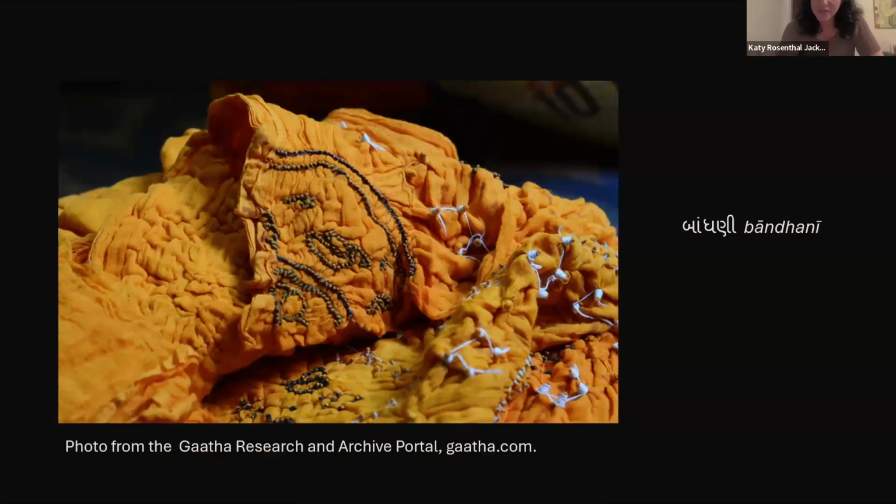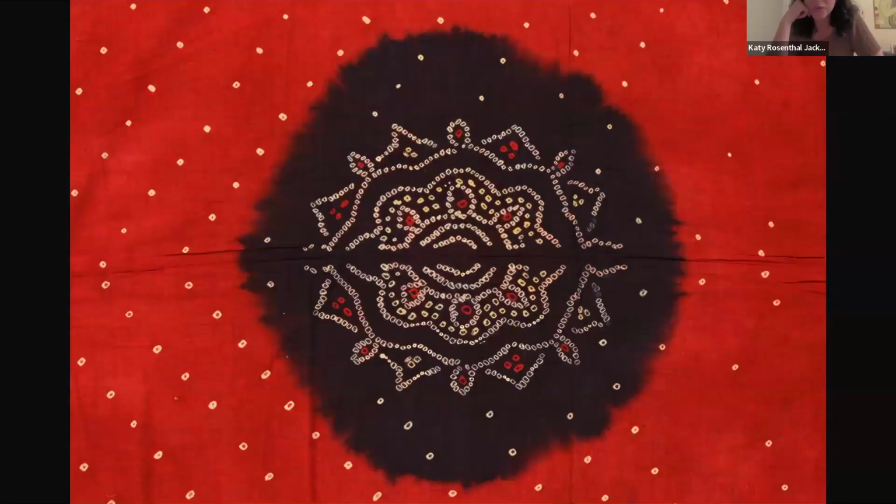And this process is done in multiple stages in coordination with the dyers in order to make sure that the right colors are applied to the intended areas where each successive dye bath is going to be making the design. And it begins with the lightest color and progresses to the darkest.